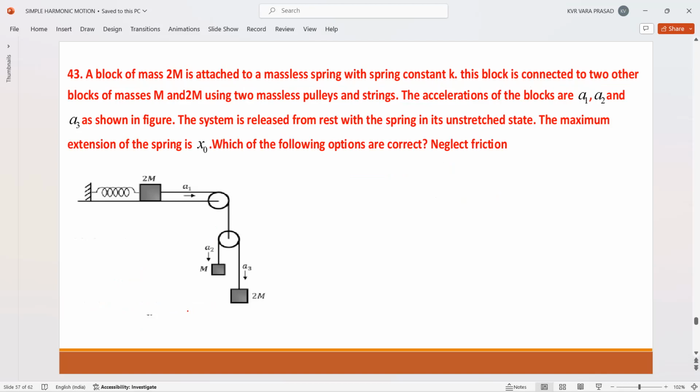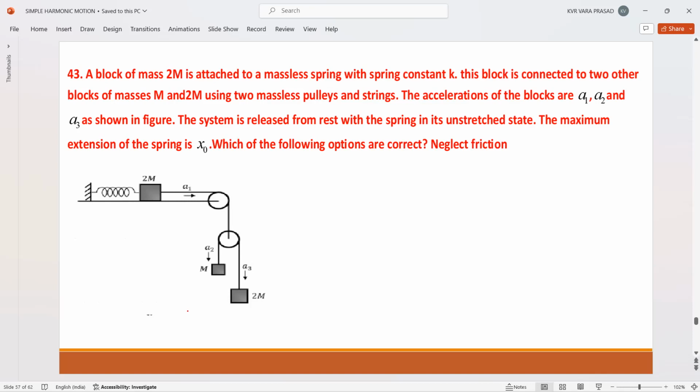This is a very interesting problem. Somewhat difficult to solve in the examination time. See what is given. A block of mass 2m is attached to a massless spring with a spring constant k. This block is connected to two other blocks of masses 2m and m using two massless pulleys and strings.